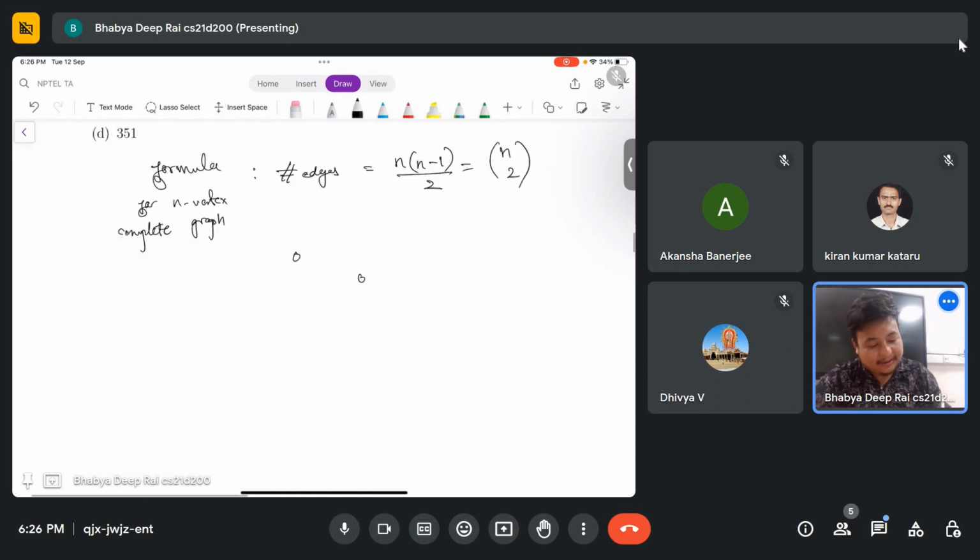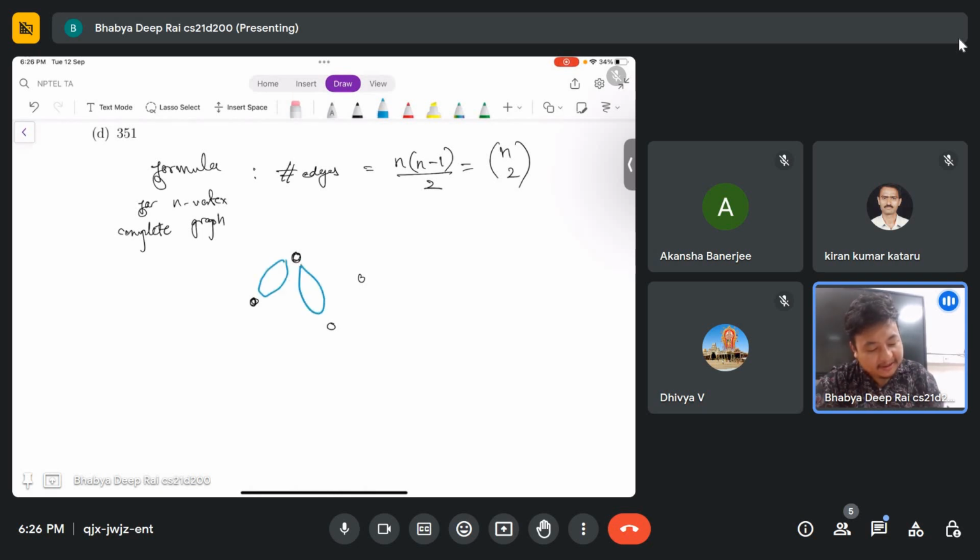Let's say I have 4 vertices. Because this is complete, each vertex is connected to every other vertex. So this is as good as choosing where to place my edge.